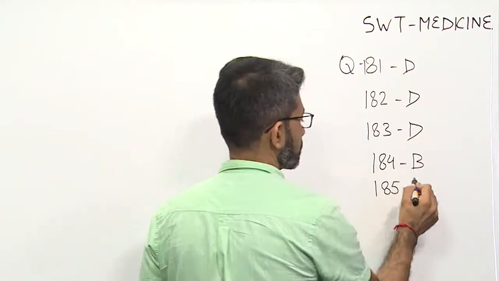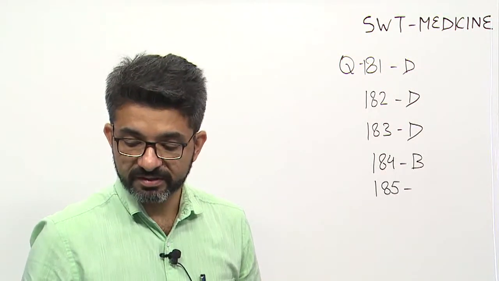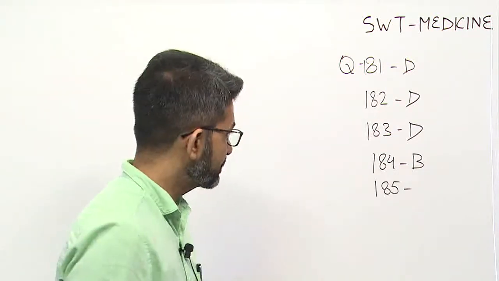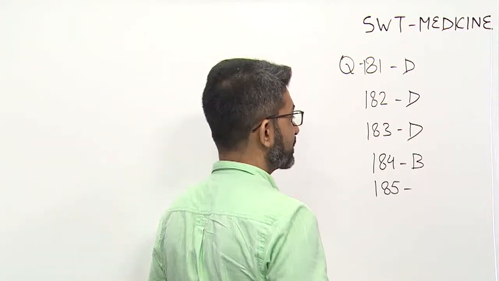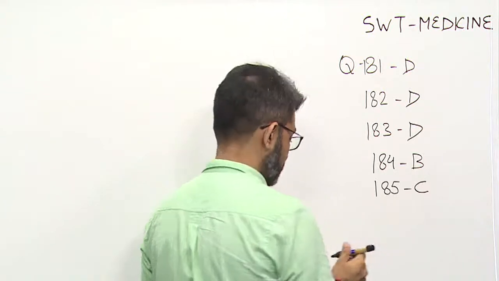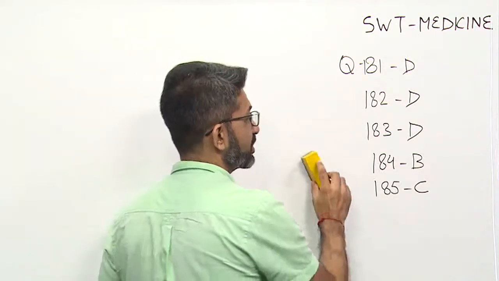185. Pseudo-resistant hypertension is seen in which situation? What is pseudo-resistance? It means that whenever the blood pressure is measured in clinical settings, it is high. So the answer is C. But whenever the patient is at home or at rest, blood pressure is normal.